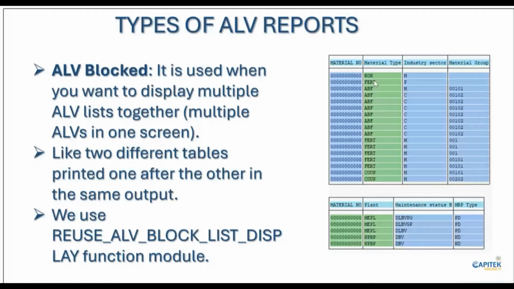They can expand the columns, they can decrease the size of the columns, and they can do some kind of calculations. The calculations also can be possible even here, but that looks more friendly when compared to this. So ALV grid is always 100% user friendly when compared to the other reports. Okay, so in this case, ALV blocked, we use the REUSE_ALV_BLOCK_LIST_DISPLAY function module, right?